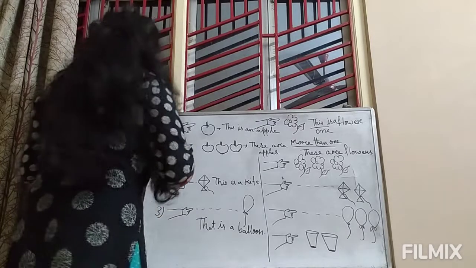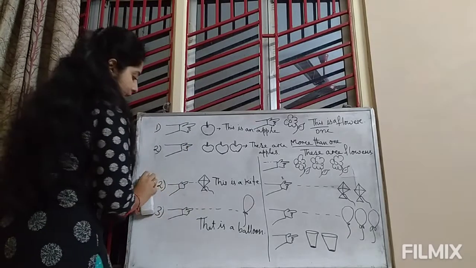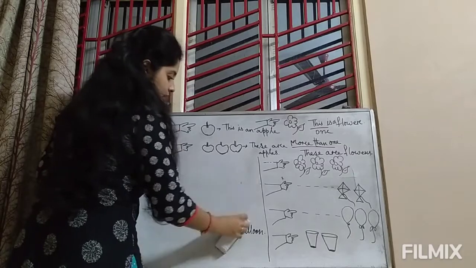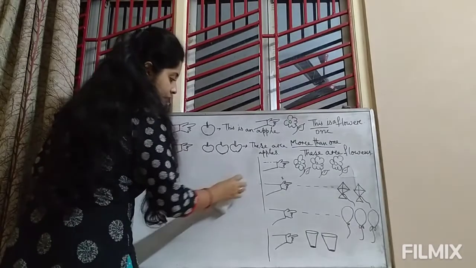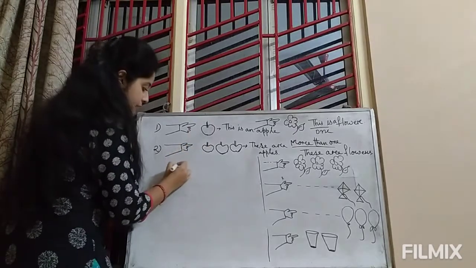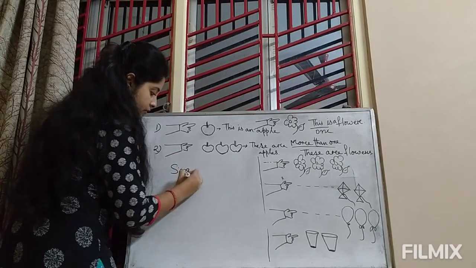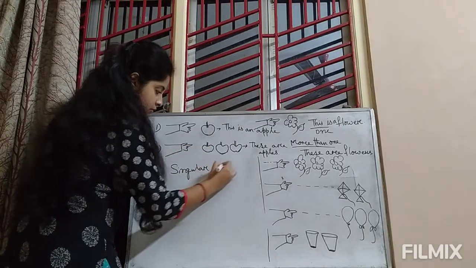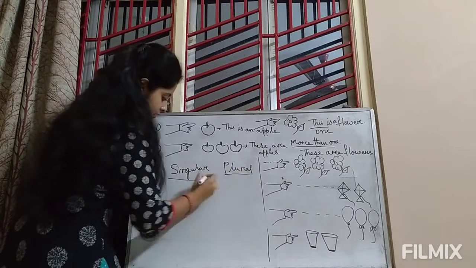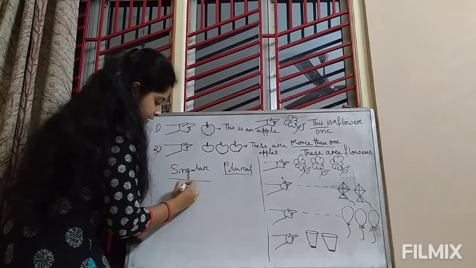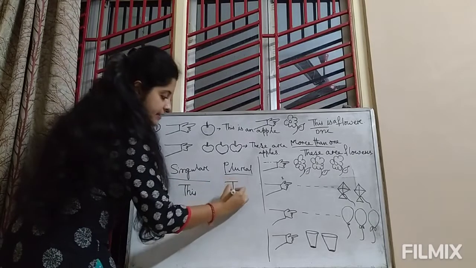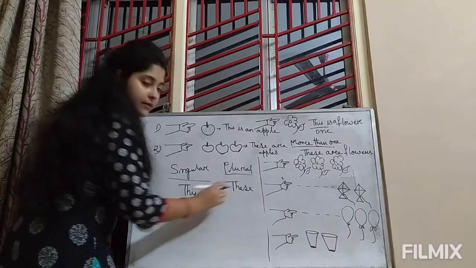Okay? Fine. Now I will tell you, what is that? What is those? Like this and these, like this and these, means singular and plural. If I assume like this, this is singular and these is plural.